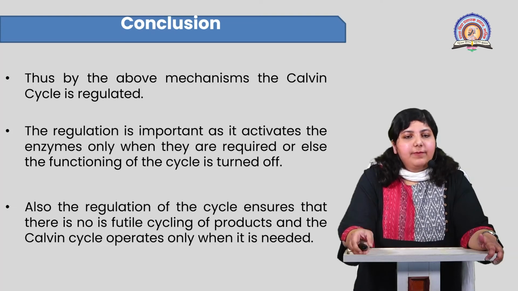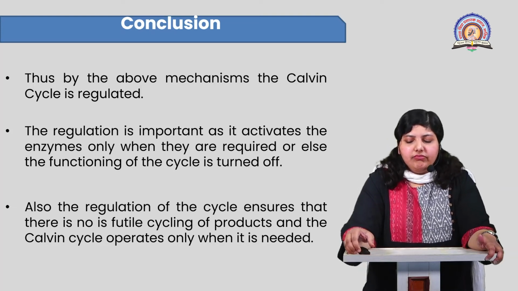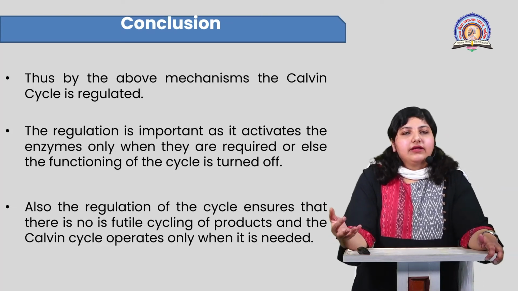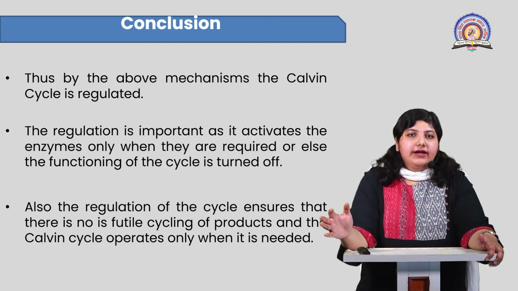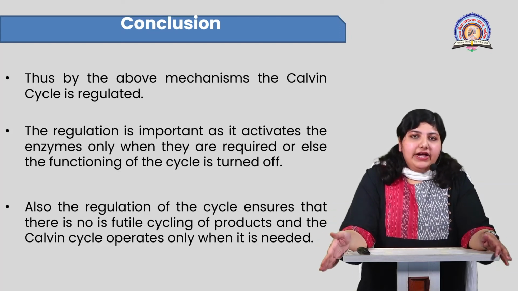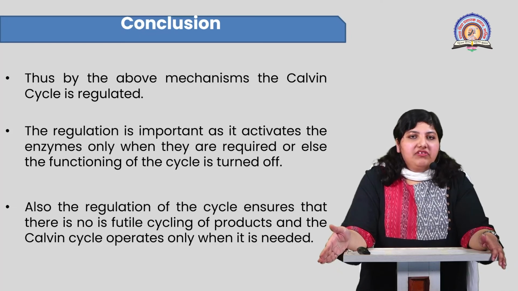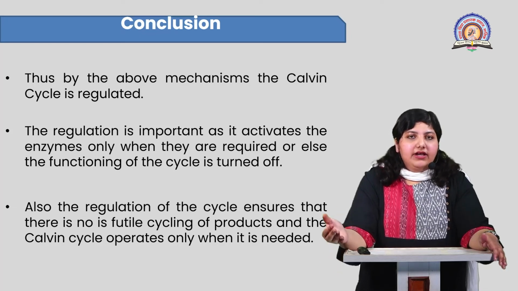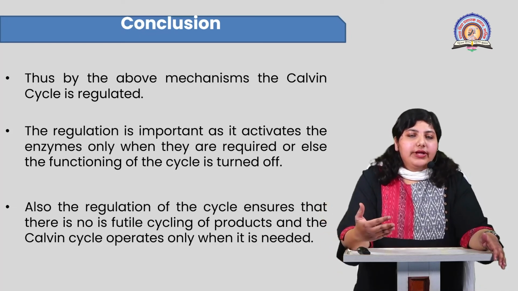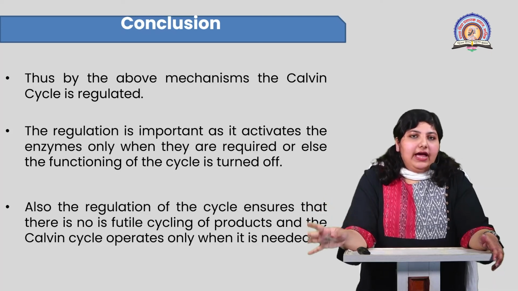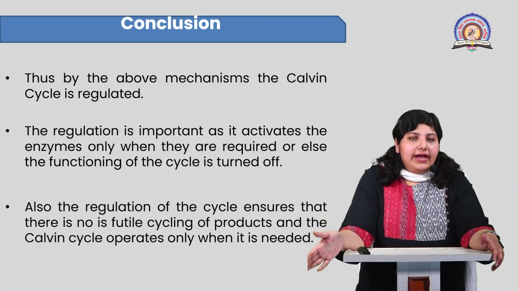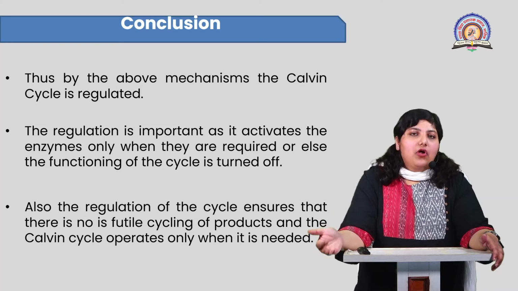We have seen different mechanisms today, and we can conclude that the different enzymes are inhibited during dark time. Why during dark time? Because photosynthesis is light dependent. It takes place only during the daytime. So during night time, this cycle should not take place.